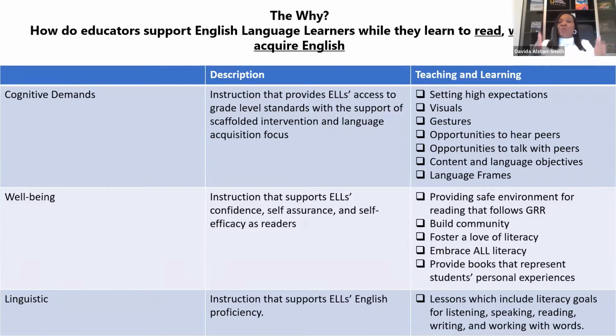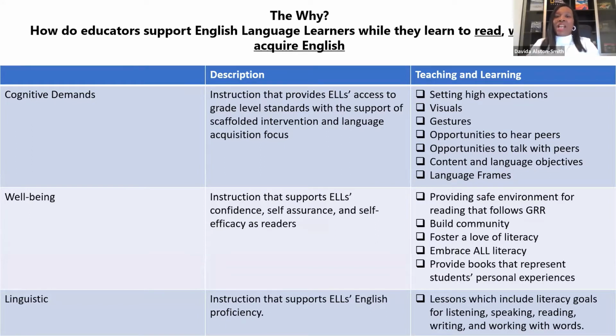Here I looked at what that means. When we talk about cognitive demands, I'm talking about instruction and access to grade level standards. If you see what I put for teaching and learning, setting high expectations, I often find a misconception that educators say, when I'm working with English language learners or students of determination, I should set the bar lower and stay at remediation.